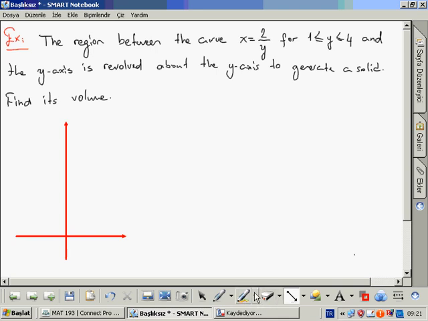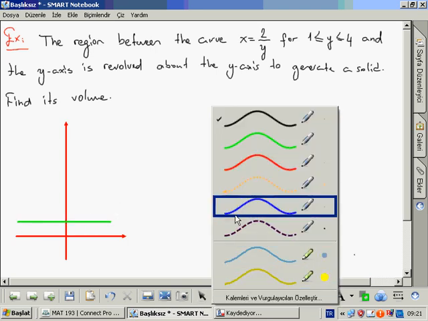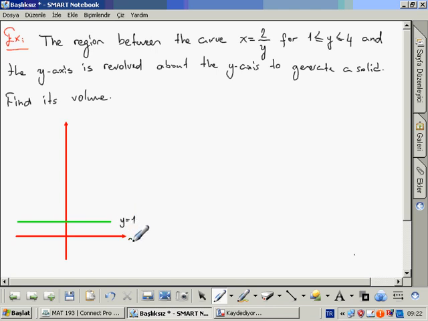Okay, and this is y equals 1, x and the y-axis, and our curve is 2 over y, and at the y value 2, x will be 1, and so if y equals 1, x will be 2, and this point is 2.